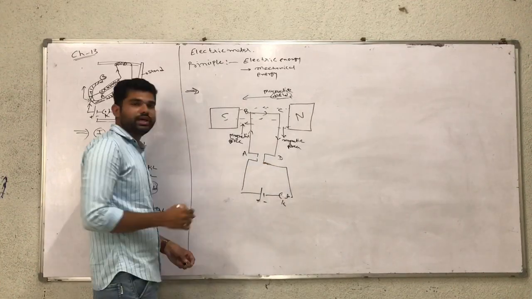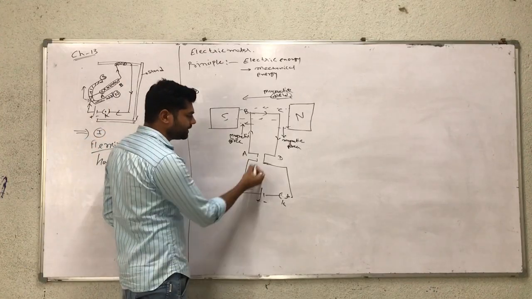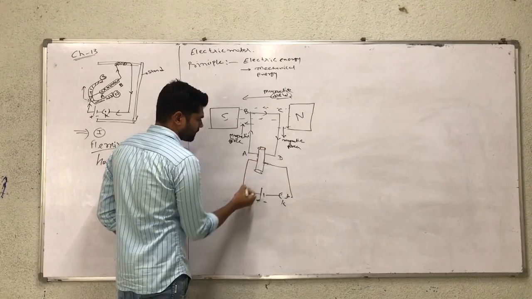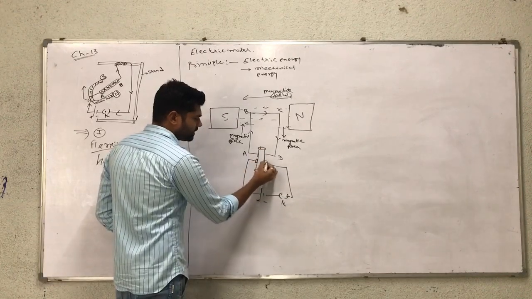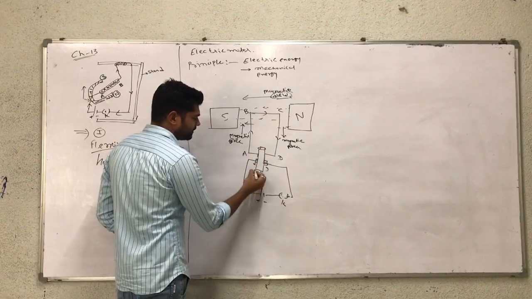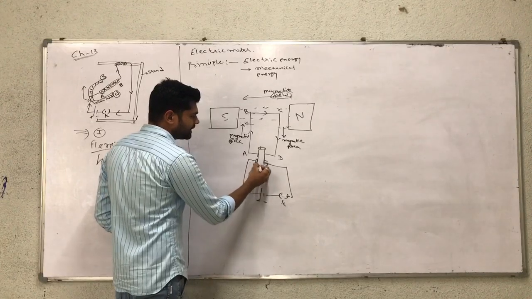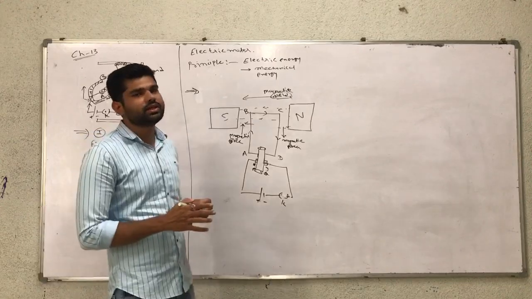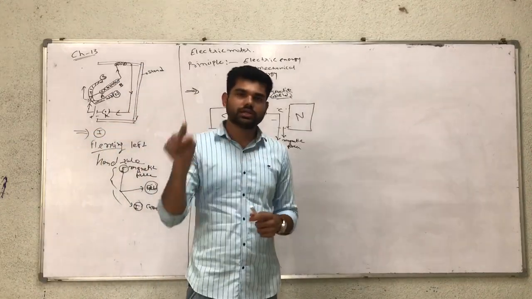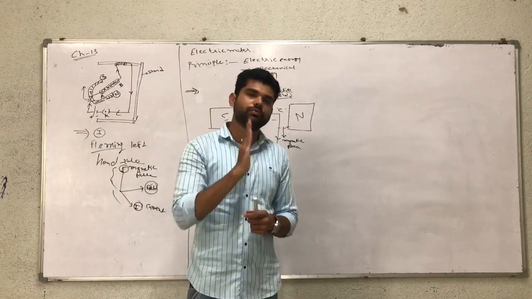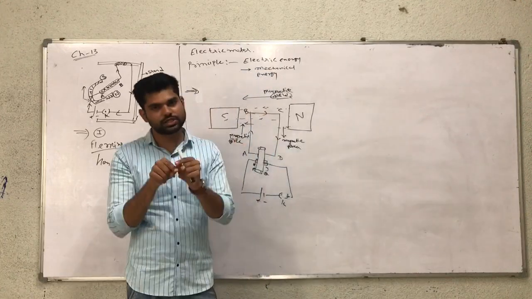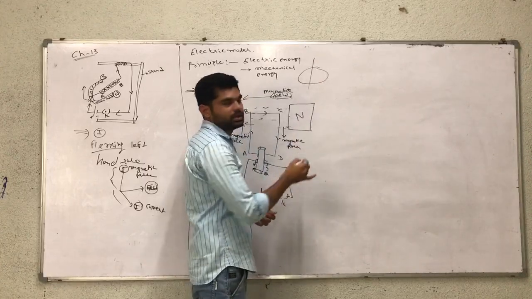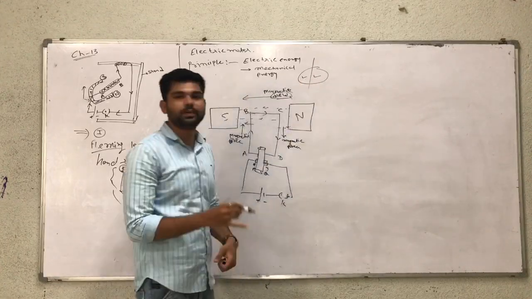And here we have to introduce a split ring, and here we use brushes X and Y, and the split ring halves are P and Q. A split ring is nothing but a circular copper loop cut in the middle. So this part is known as a split ring.